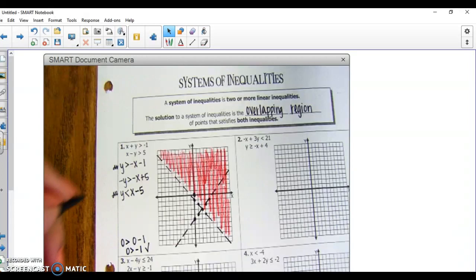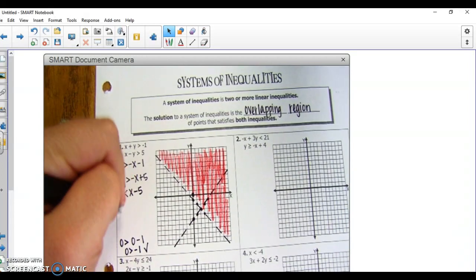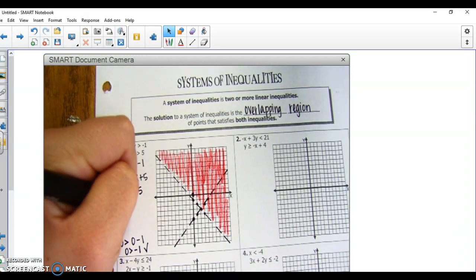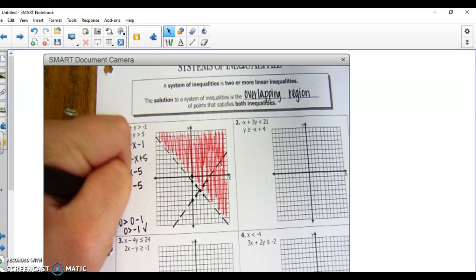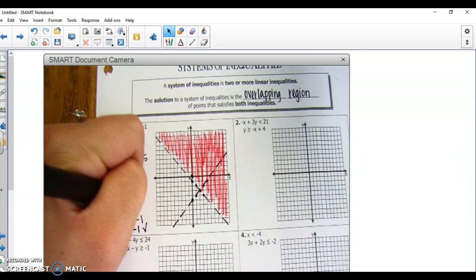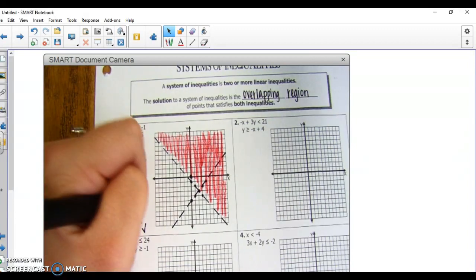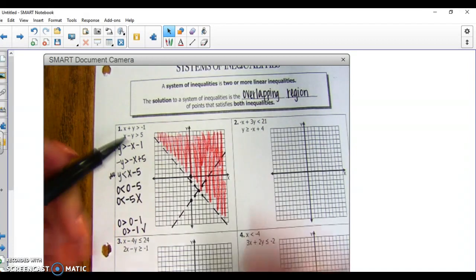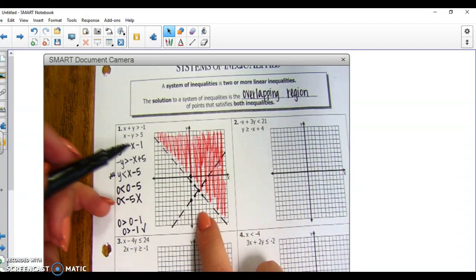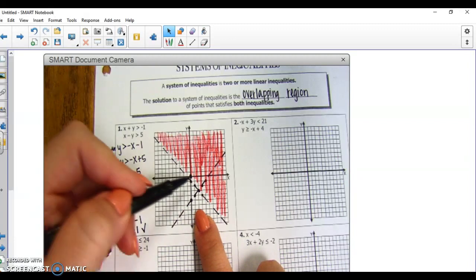All right, so now I need to do my test point for this equation. So I have 0 less than 0 minus 5. So is 0 less than -5? No, it is not. So I need to shade the side of this equation that does not include 0, 0.